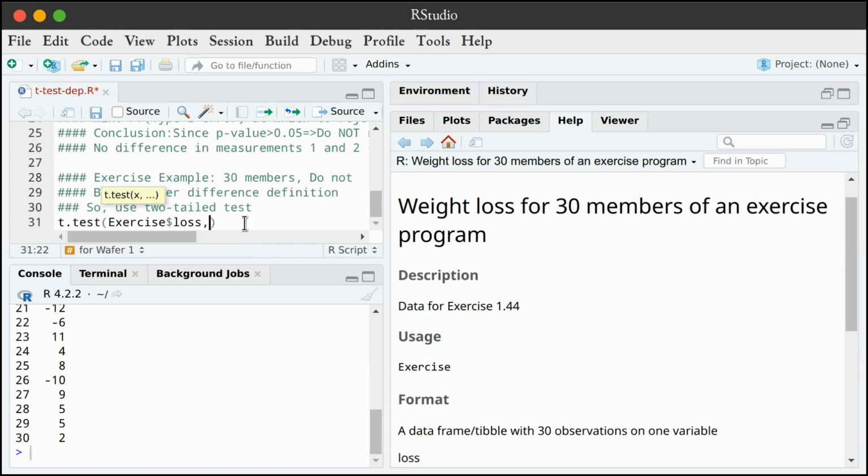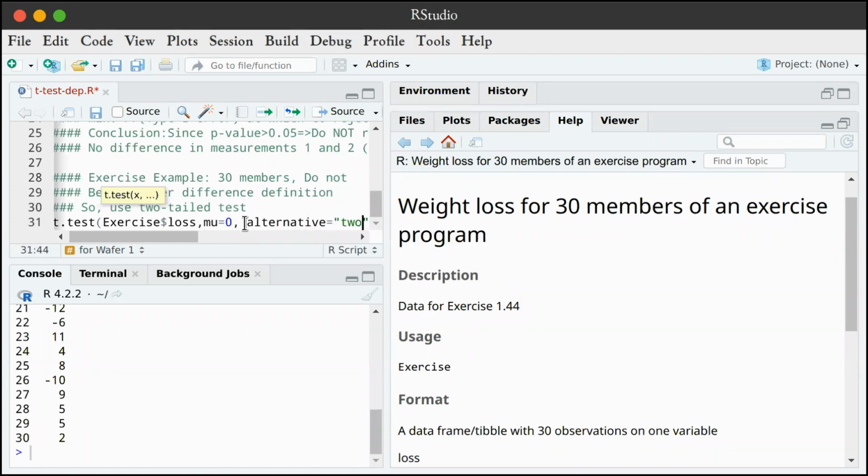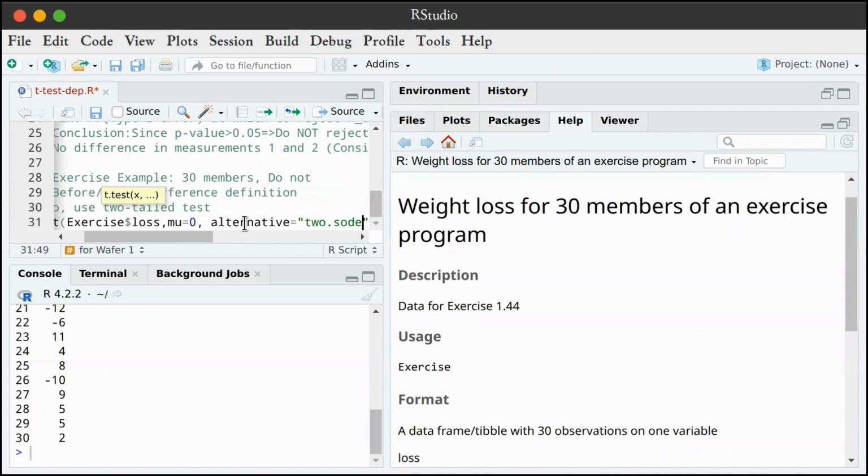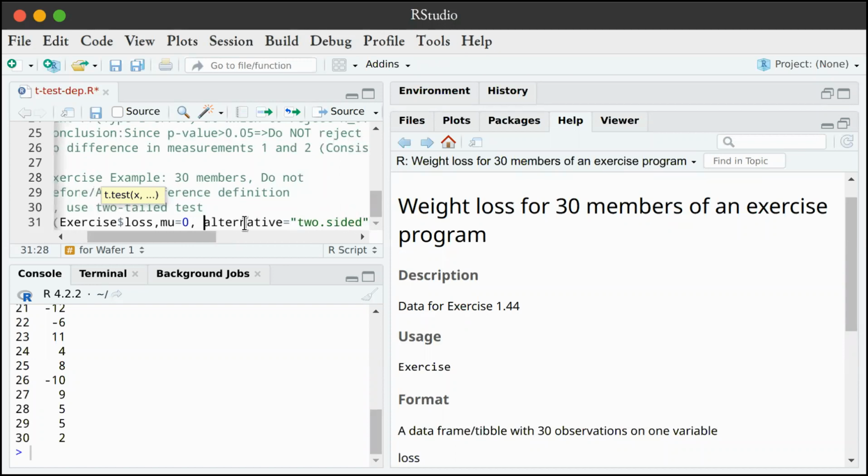And we have to specify a null value. The null is no difference at all. So mu is 0. We have decided to use a two-tailed test because we don't know how we define the difference.